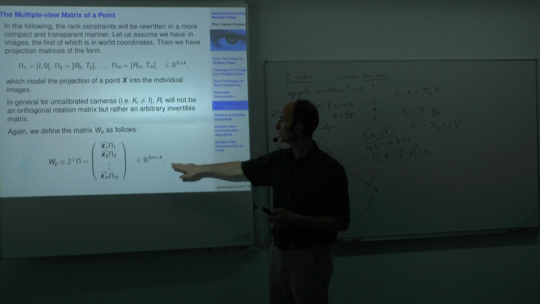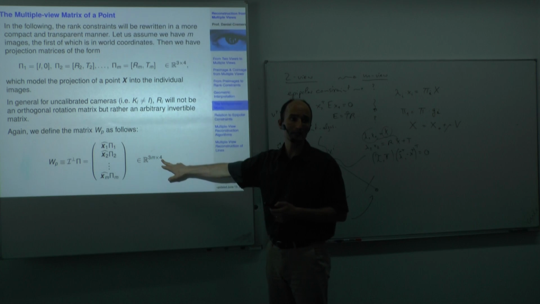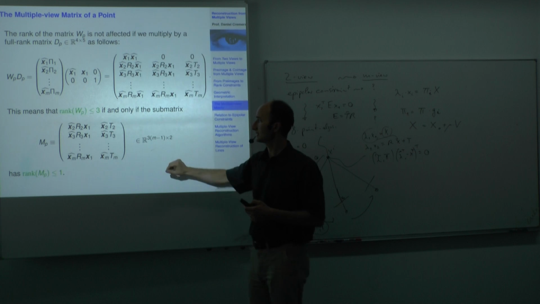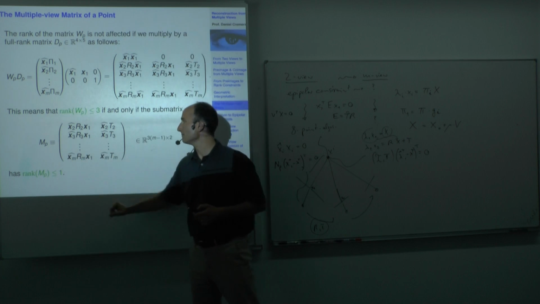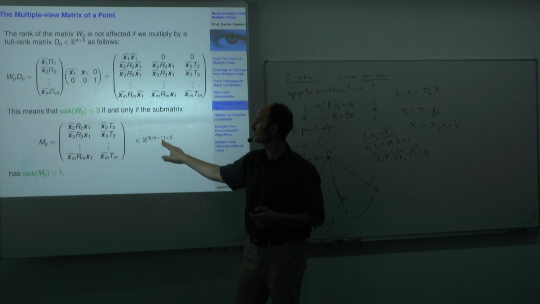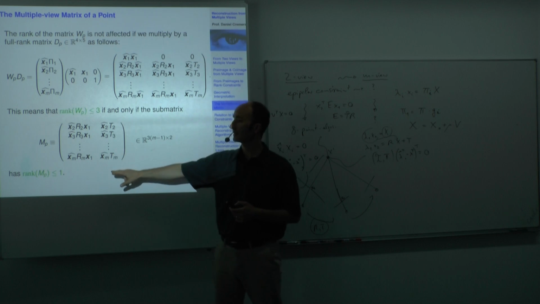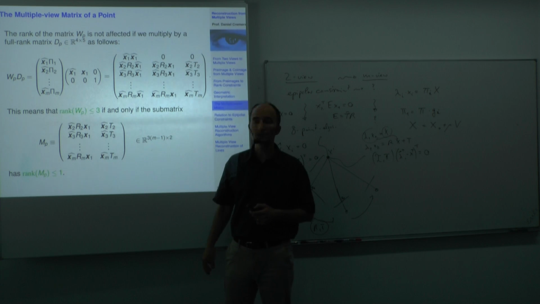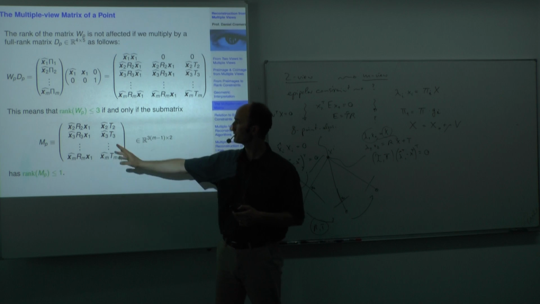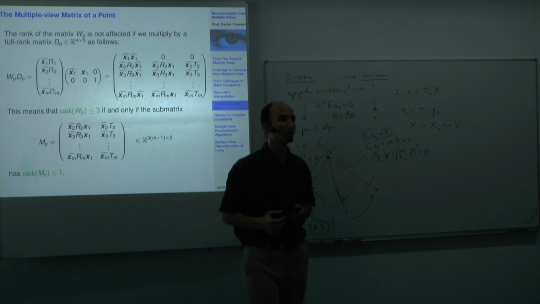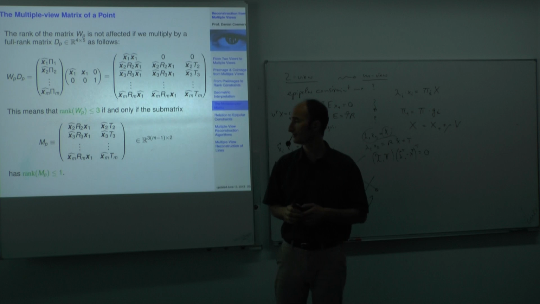For WP, we have a 3m by 4 matrix and say the rank is at most 3. And what we get here is a matrix called MP, that is a 3 times m minus 1 by 2 matrix. So it has 2 columns. And the rank is at most 1. So the constraint here says this matrix has 2 columns, and the 2 columns are linearly dependent.